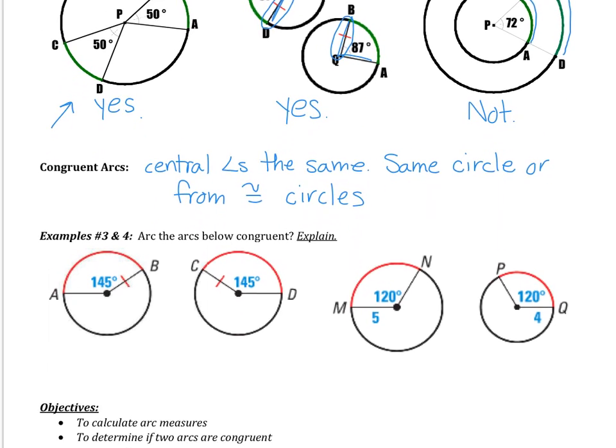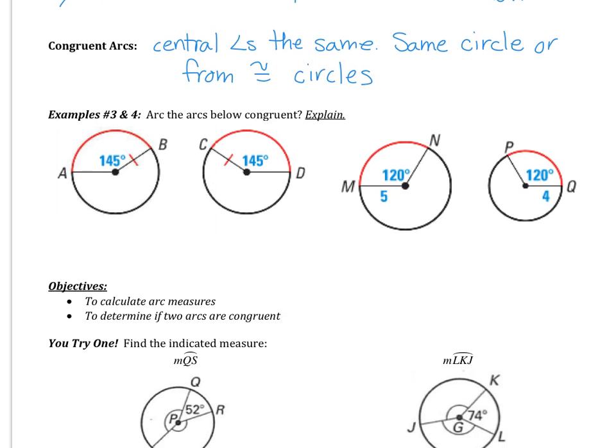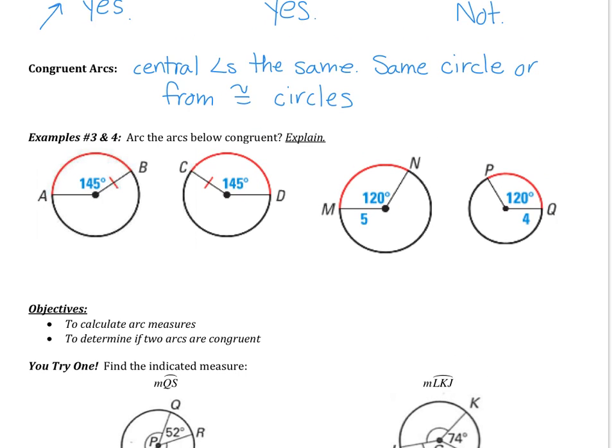So for examples 3 and 4 here, we're going to see, are the arcs below congruent, and we're going to explain why. So for this first example, arc AB has a measure of 145 degrees. Arc CD has a measure of 145 degrees. So the first condition is met. The central angles are the same, but now we have to see, are they part of the same circle or part of congruent circles? Well, because these radii are the same, right here, this one and this one, they are congruent circles, so yes.